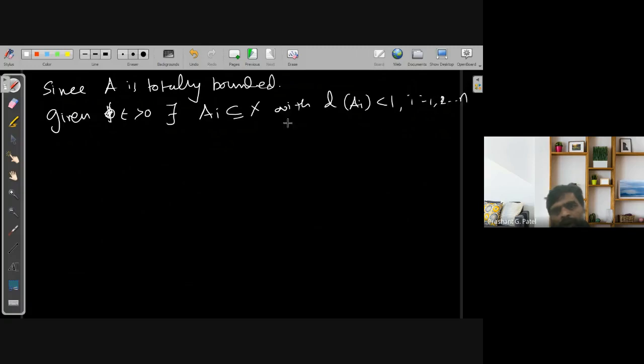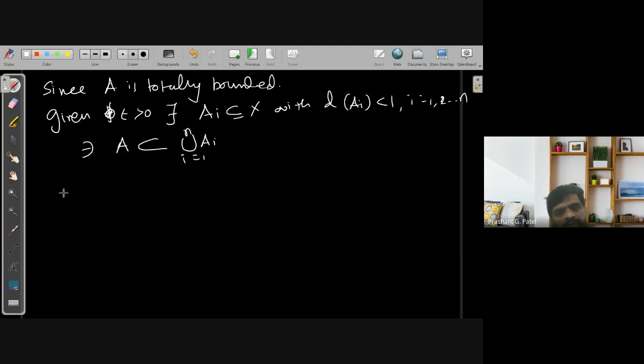So there are a finite number of these A_i such that A is the union of these A_i, where the diameter of A_i is finite.